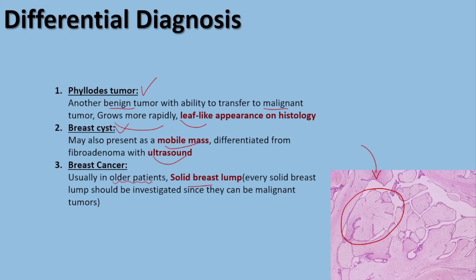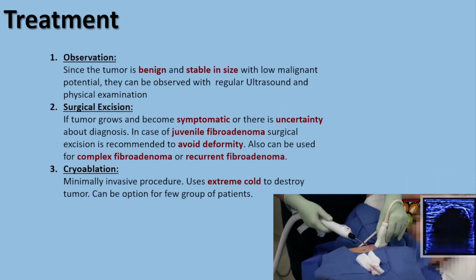So if the patient is older and you suspect that this is not a fibroadenoma and it is a cancer, you have to do workup with core biopsy and fine needle aspiration in order to rule out breast cancer.